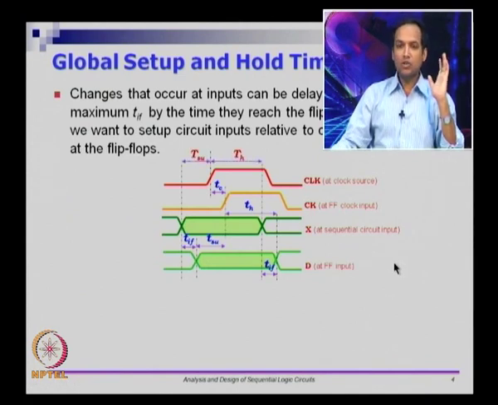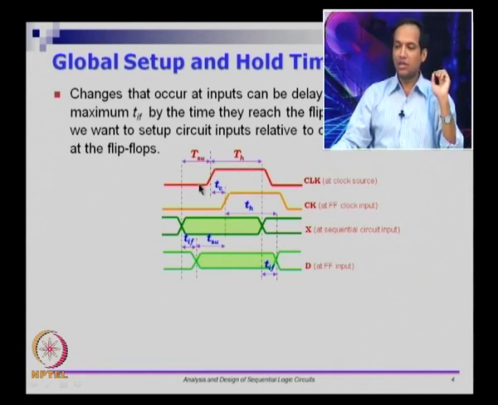Now, I want to know the relationship with the external world. So, this is the external clock signal, and how long should I keep the data stable before the external clock signal, that is the global setup time, and how long should I keep it stable after the external clock trigger with respect to the input data, that is called the hold time.